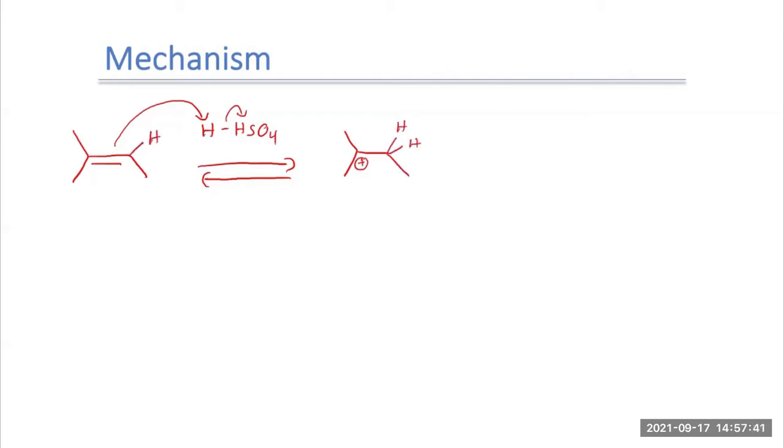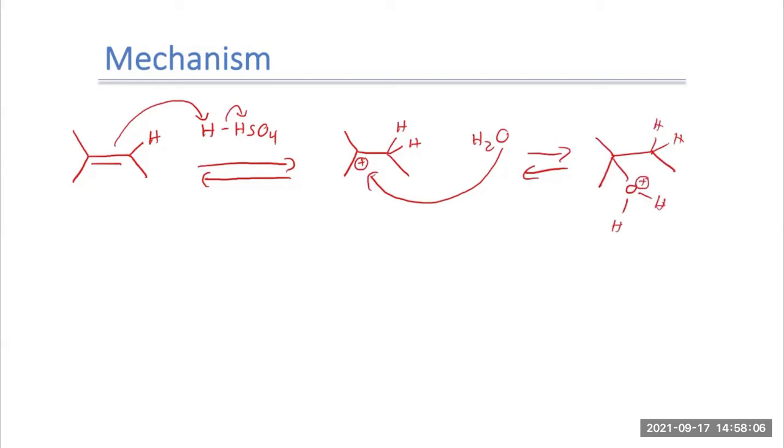And then our next step, we're going to have our water molecule come and attack that carbocation, which gives us our product here where we have that water attached to it. Now you see that oxygen has a positive charge.